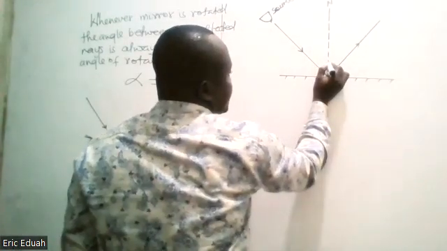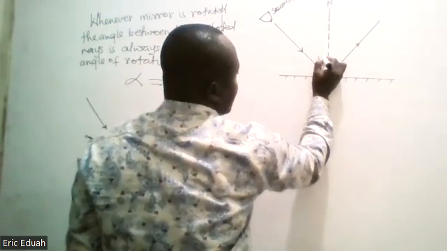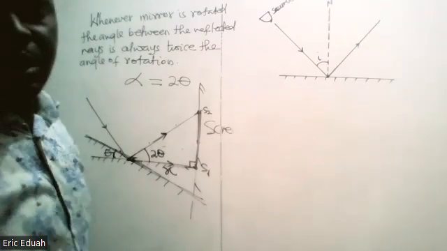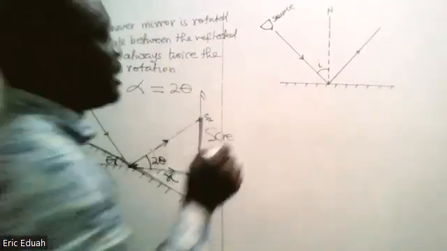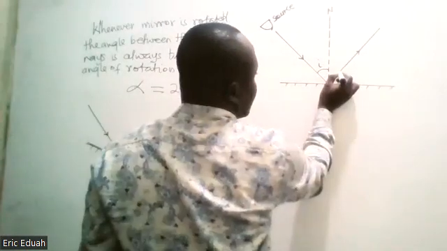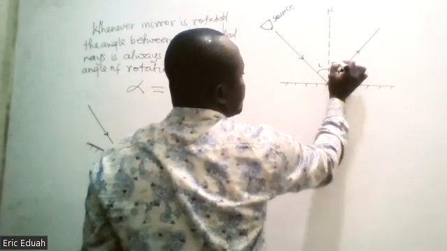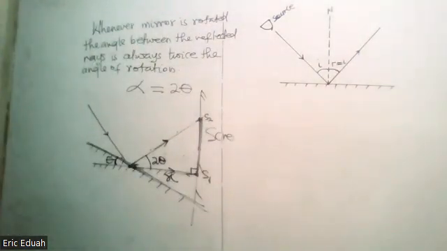The angle between the incident ray and the normal is the angle of incidence, I. The angle between the reflected ray and the normal is the angle of reflection, R. But we know R is equal to I. Angle of incidence equals angle of reflection.